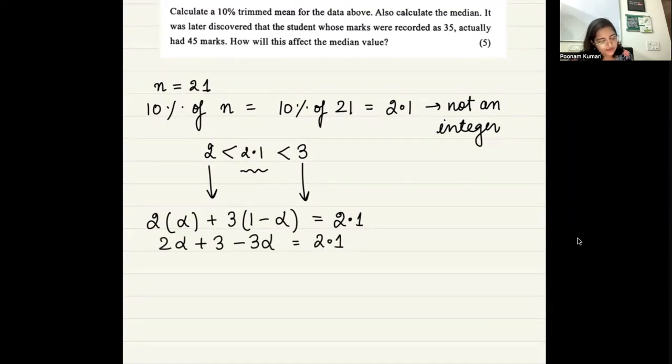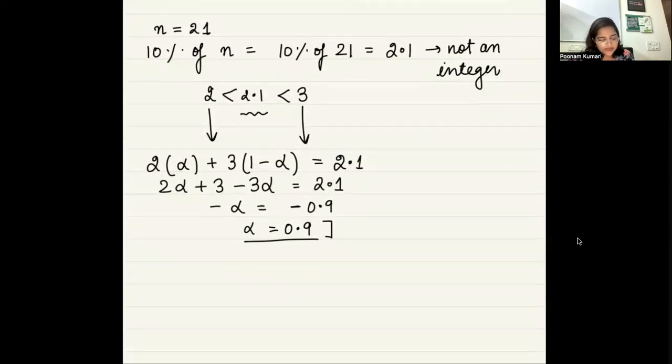So what is the value of alpha? 0.9. So alpha is 0.9. You have to give 0.9 weightage to the trimmed mean when you remove two observations, and 10% weightage to the mean that you get when you remove 3 observations. So this is the weight that you have.